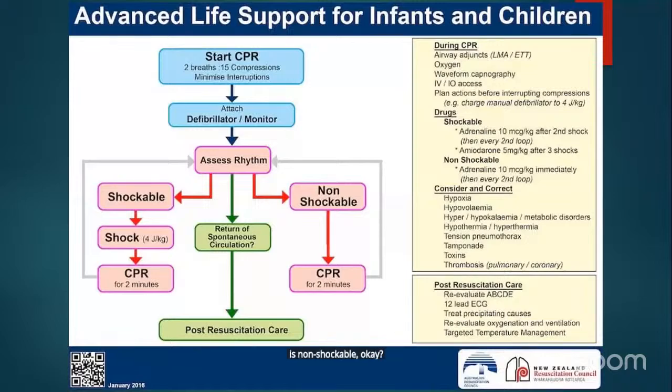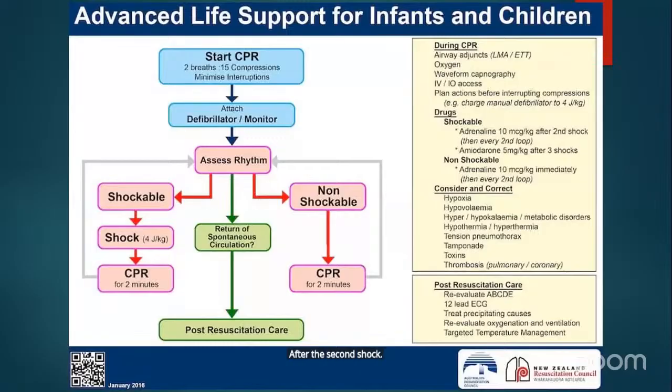Okay? So if it is a shockable rhythm, you deliver a shock of 4 joules per kilo, and you continue CPR at 15:2 for another 2 minutes. If it's non-shockable, do not give a shock, and you continue CPR. Okay? One word on the drugs. If it's shockable, you give adrenaline at 10 micrograms per kilo, which we've already calculated on our previous slide, after the second shock.